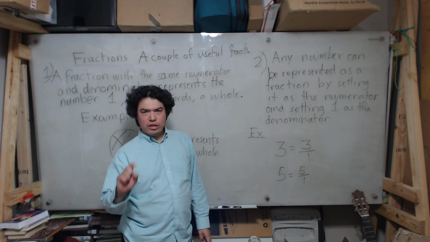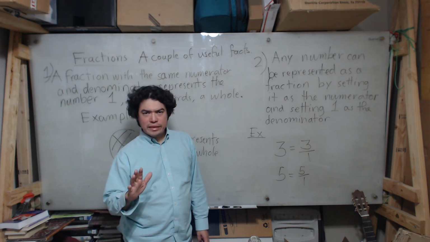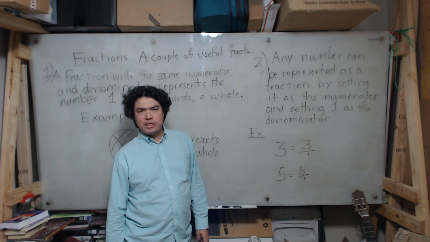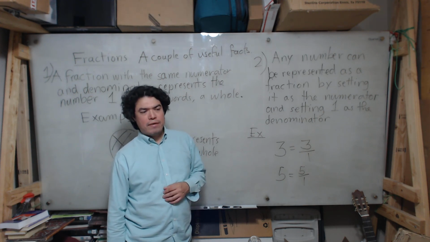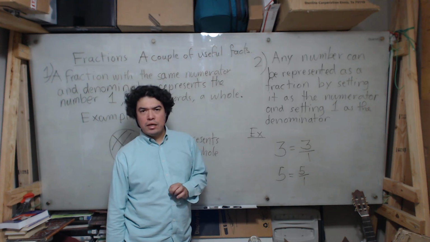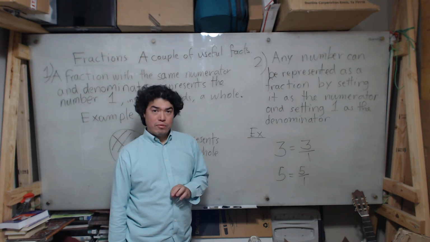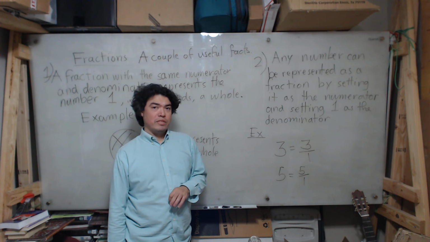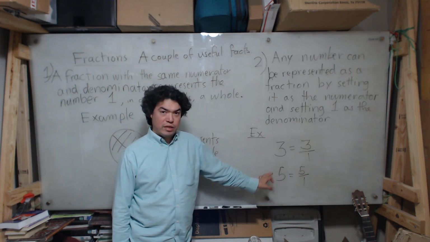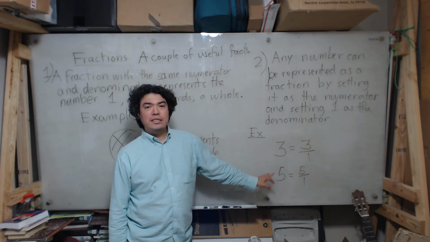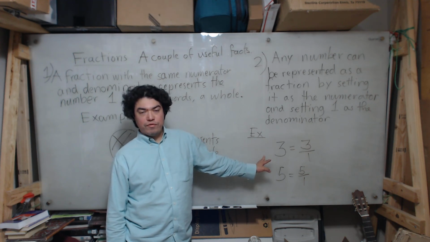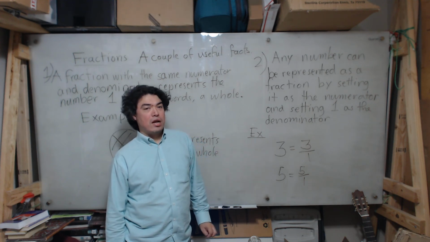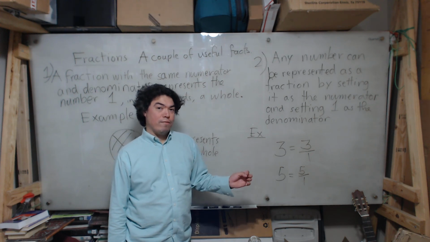I do want to make a little note here. It's a little technical. It's not really necessary for the purposes of our discussion. But I do want to point out that I am not saying that all numbers can be represented as fractions just by setting them as the numerator and setting 1 as the denominator. This is a rule basically that has to do with performing calculations with fractions and not necessarily with the underlying form of the number.